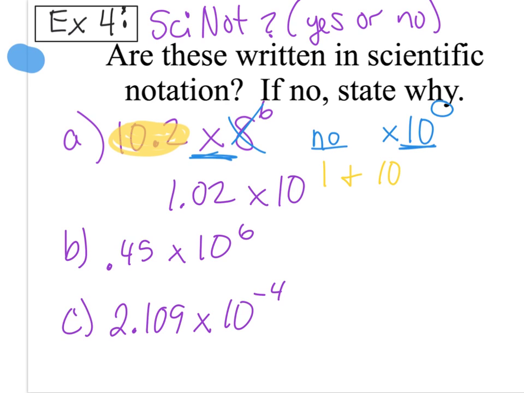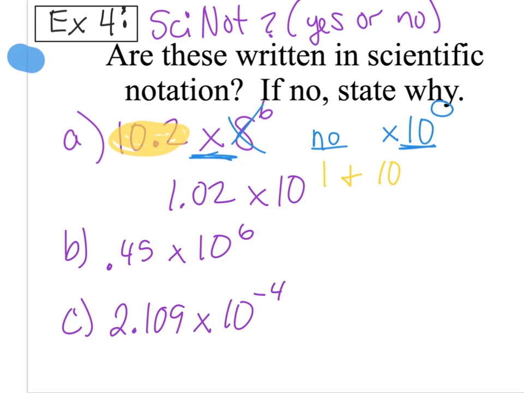So on your paper, please tell me yes or no to scientific notation, and then let me know what's wrong with it if you say it's a no. If you're not quite ready for my answers yet, go ahead and pause the recording.